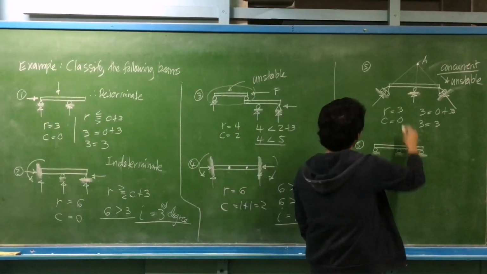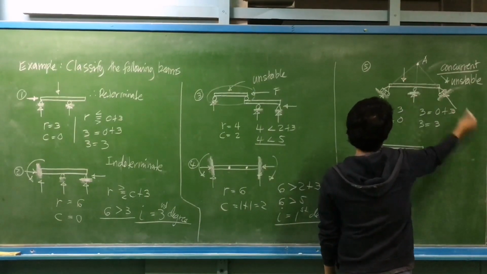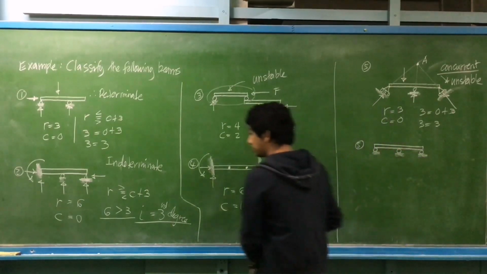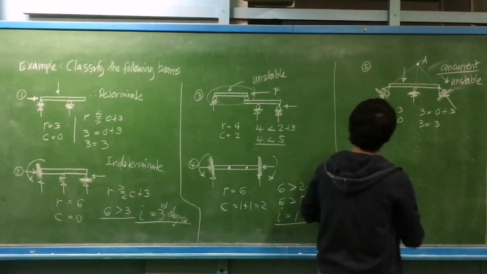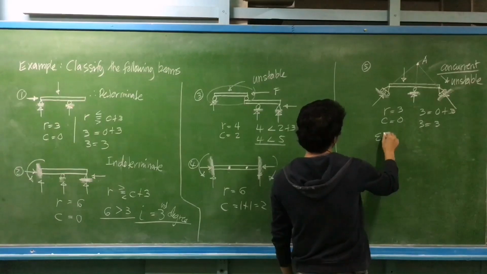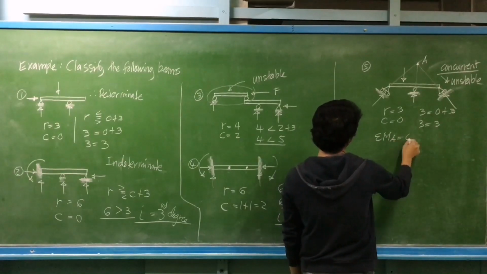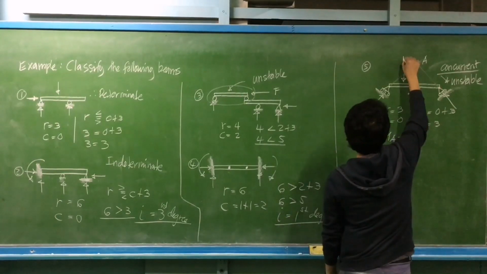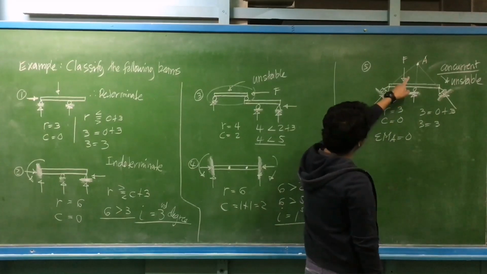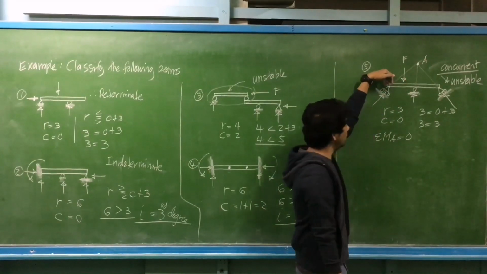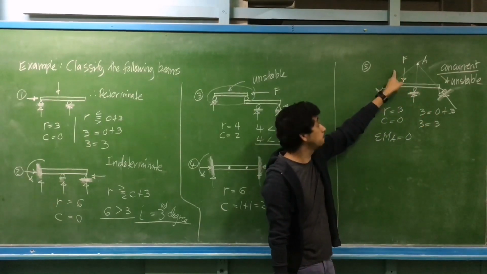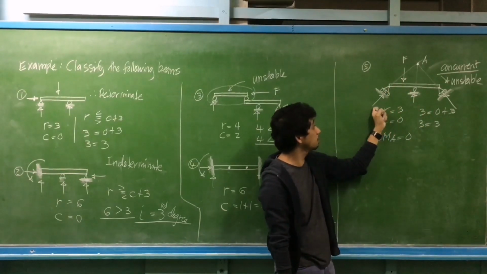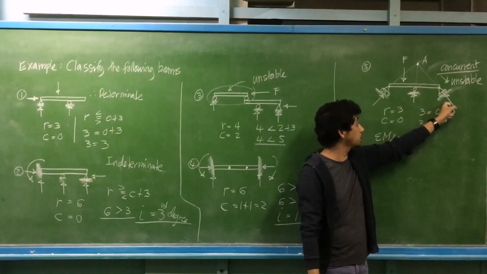Bakit yun? If we are to place a load here, and if I do summation of moment about point A equal to 0, ano mangyayari? We have a force here, for example. So for this force, we don't have any resisting moments to prevent it, since ma-cancel the moment of this reaction and the moment of this reaction.